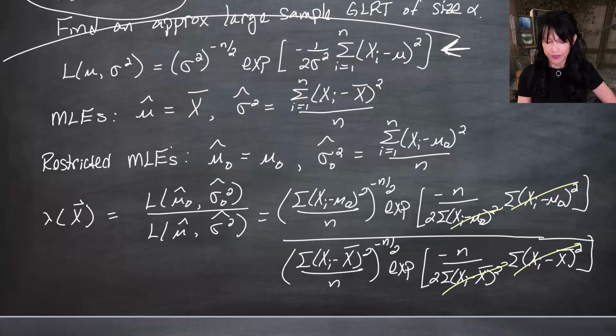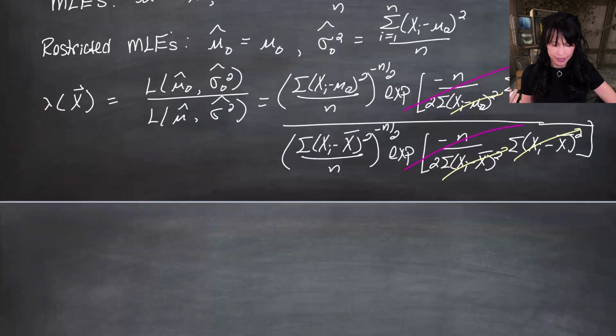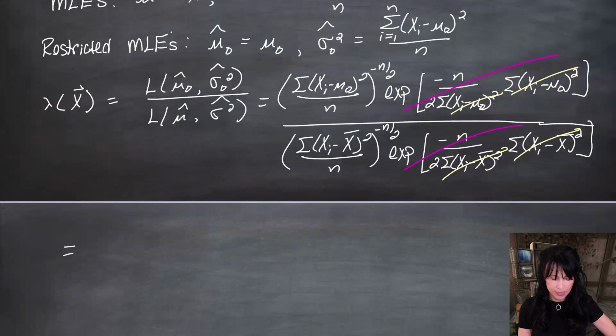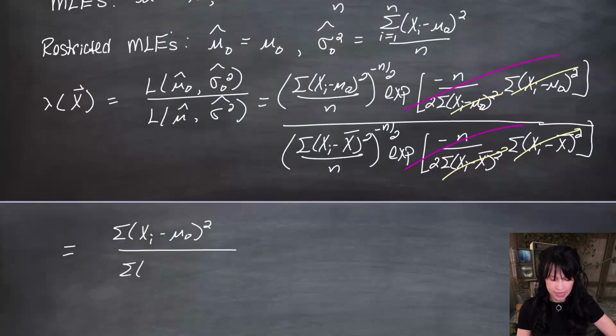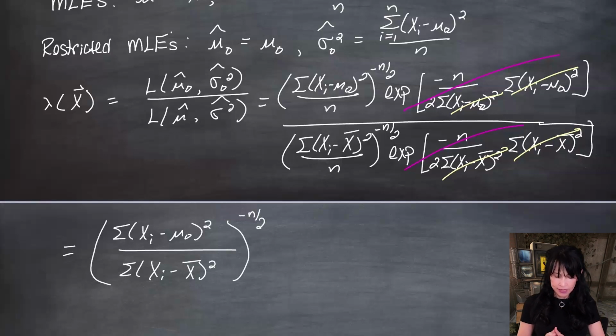So the e's are going to completely cancel. That's actually kind of nice. And for the other part, I am going to flip some stuff. Let's write this as the sum of the xi minus mu naught squared over the sum of the xi minus x bar squared, to the negative n over 2. I did cancel the n's, and that is looking pretty simple.